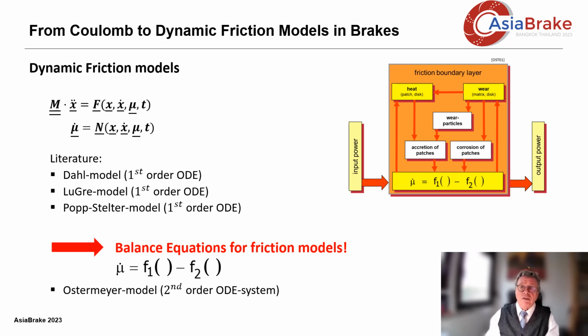To describe this, one needs dynamic friction models. There are some friction models in the literature which are defined by differential equations. In 2001, I proposed a look at friction in terms of a balance equation. This results in a second-order ODE system for friction, which was especially formulated for brakes.